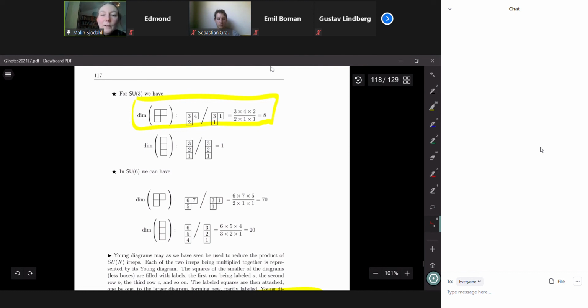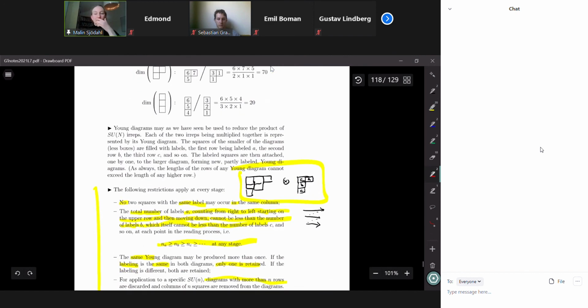So for my dimension I have 3 times 4 times 2 over 3 times 1 times 1. There's a typo clearly here, this must be a 3. Now crossing out the 3's, that is 8. In this way, the dimensions can always be calculated.